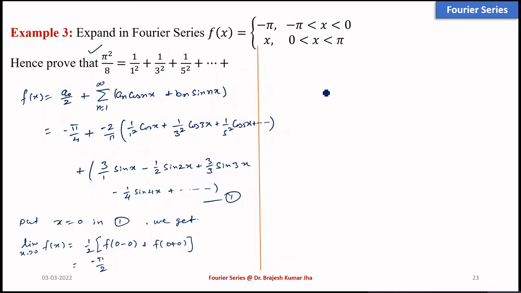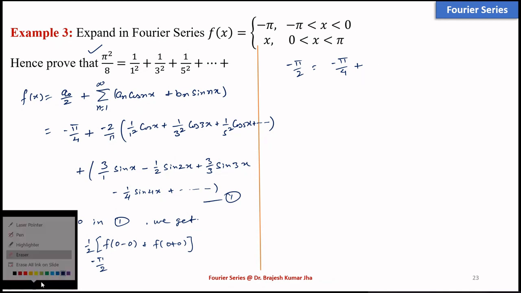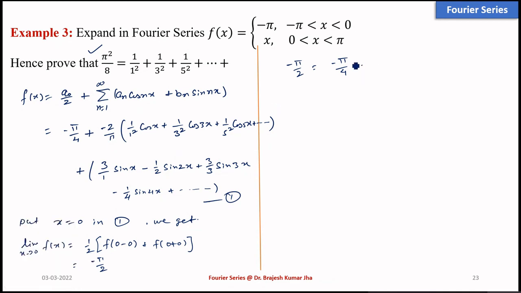So by putting x equals 0, what do we get? Minus pi by 2 is equal to minus pi by 4 plus minus 2 by pi, and it is going to be 1 upon 1 square plus 1 upon 3 square plus 1 upon 5 square, and so on.